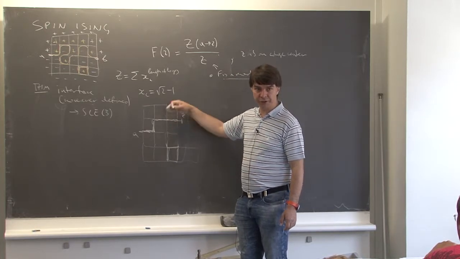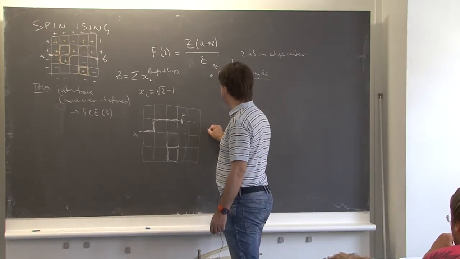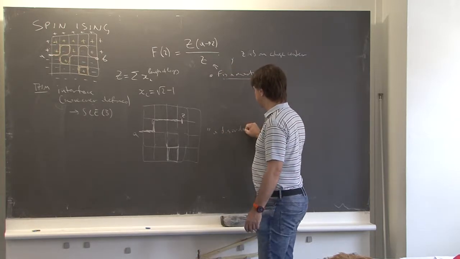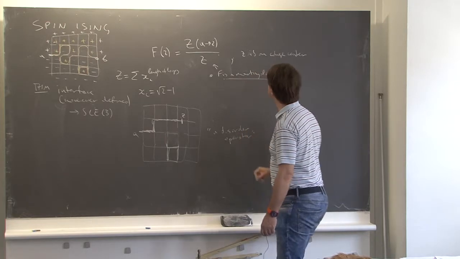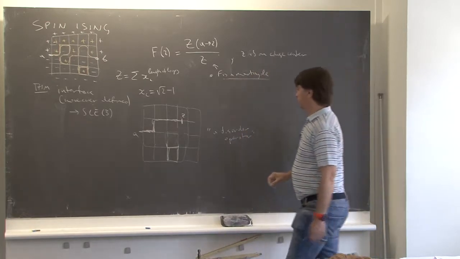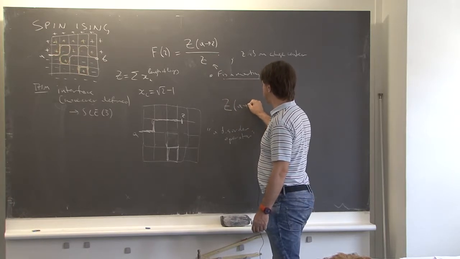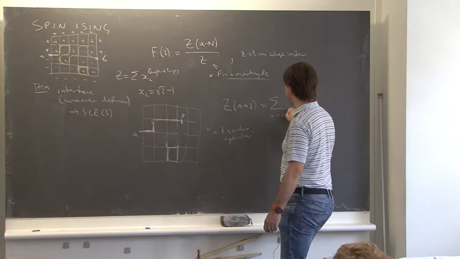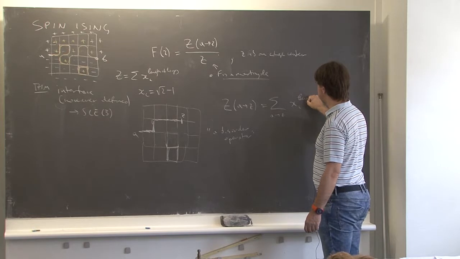So you can't really cover it in plus or minus. So this is what is called by physicists a disorder operator. And what we do, we say that Z of AZ is the sum of all such configurations of, of course, x_c to the power length of loops.